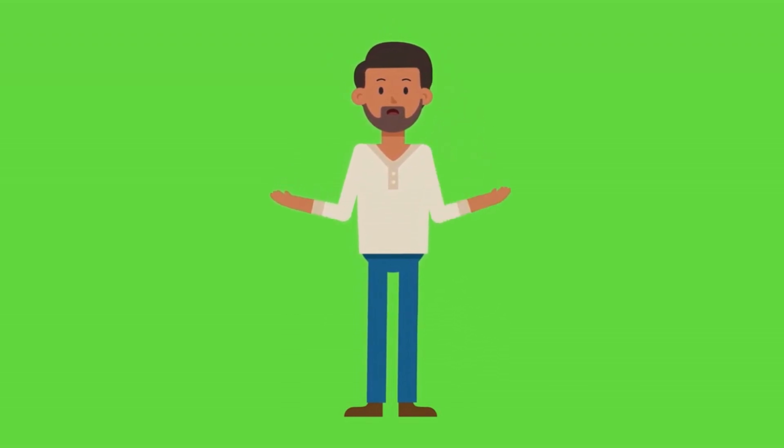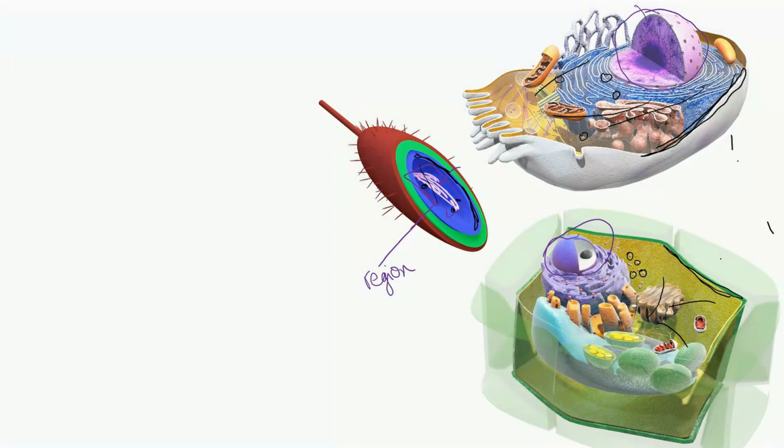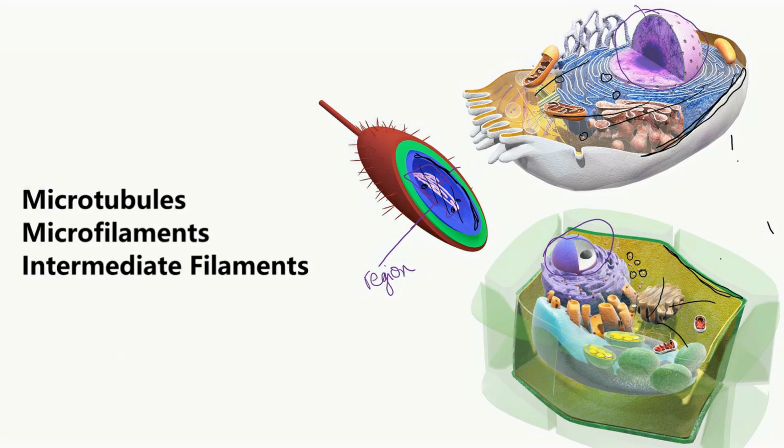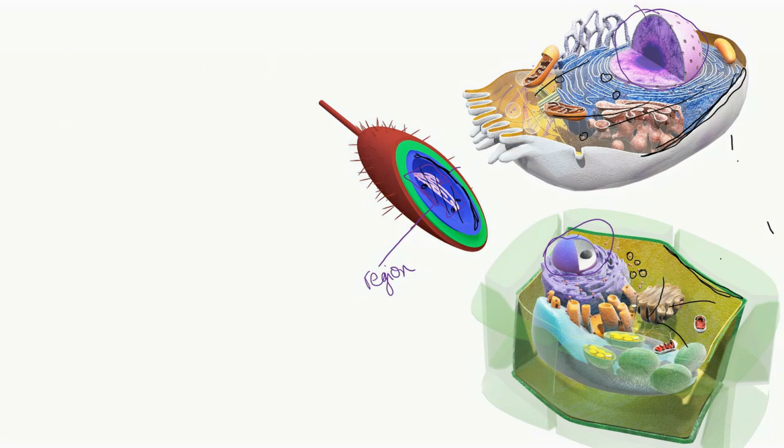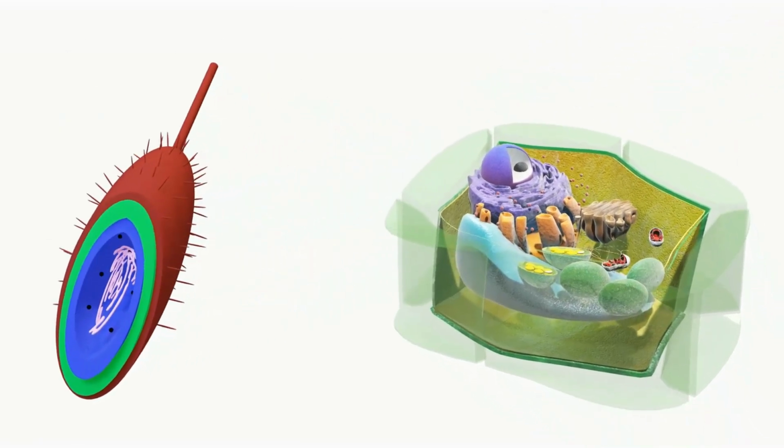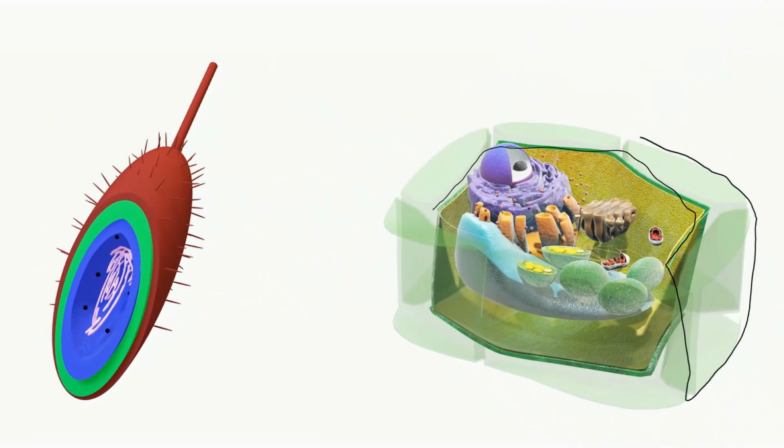So for the purposes of this class, just know that prokaryotes do have a cytoskeleton or cytoskeletal network, but when we talk about our microtubules, microfilaments, and intermediate filaments, we are talking about eukaryotic cellular components to their cytoskeleton specifically.